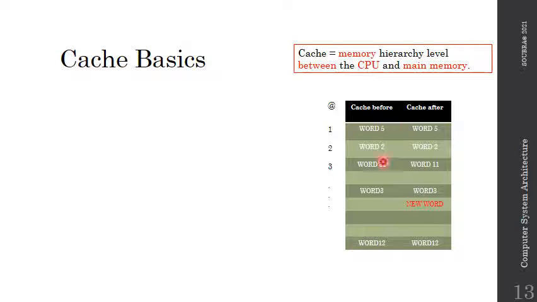Now I asked someone to try and understand the scenario that happened here, knowing what you know now. So apparently we have cache before, cache after, and if we compare the two, we see there's something in red here that wasn't there before. So what happened? Someone correctly answered that apparently we needed some data.